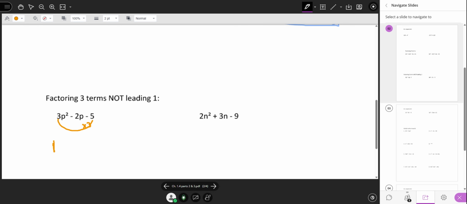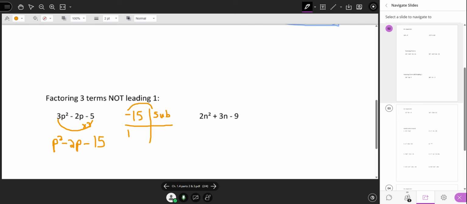So that becomes p squared minus 2p minus 15. Now, I look at all of the ways I can multiply to get 15. Now, I wrote negative, but that's okay. I wrote negative because it reminds me that I've got to subtract.